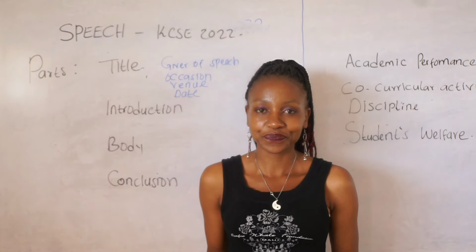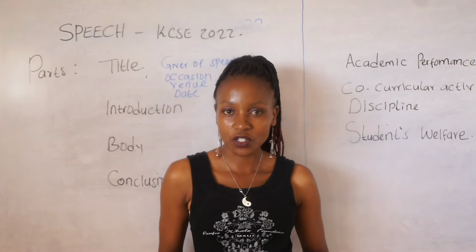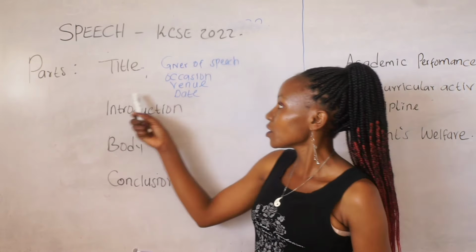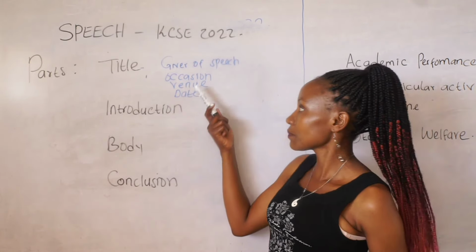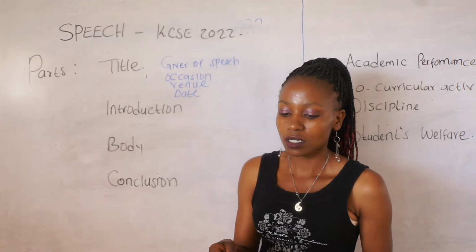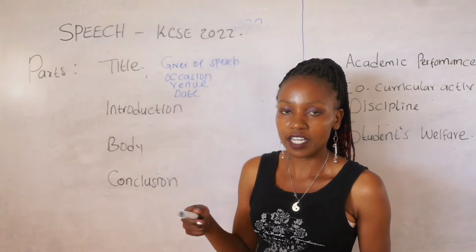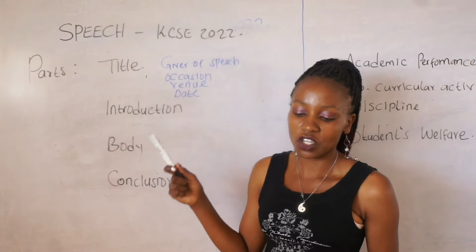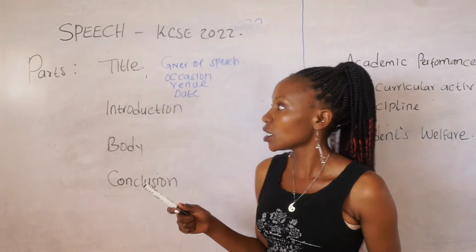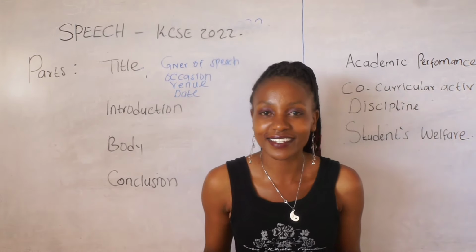Yes, you're right. So that is the title. Has it followed all these rules? Yes, we have the giver of speech, Semirin, occasion, Parents' Day annual prize giving, and then we have the venue, school hall, and then we have the date.